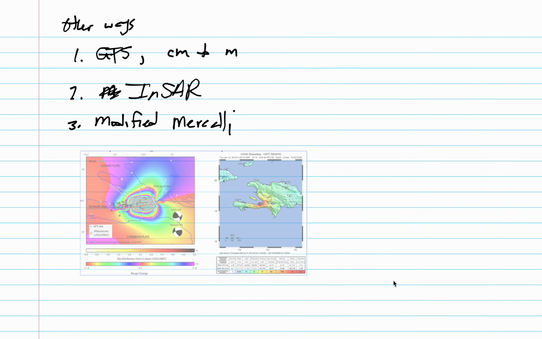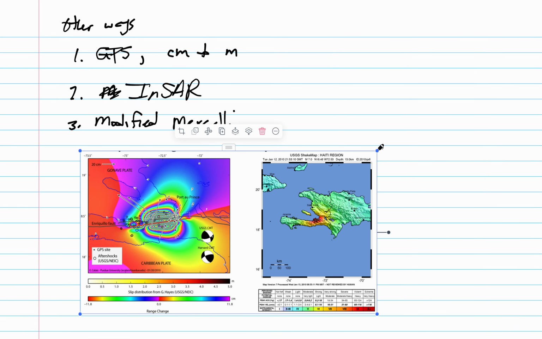And then next figure, I want to show you something called InSAR. And then finally, we're going to get to modified Mercalli. Put a picture in to introduce these 2 concepts, and then we'll be done for this lecture.